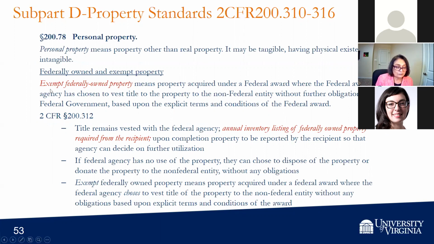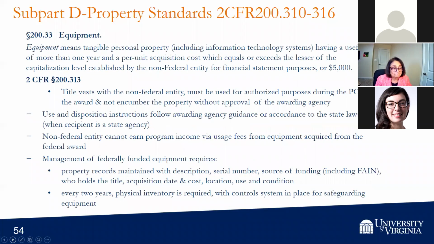And then there is also federally owned property, meaning property acquired under a federal award. The agency gives us the title of the property. So we have to give an annual inventory listing, and we have to make sure that it's maintained within our property system. So now equipment is a tangible personal property.